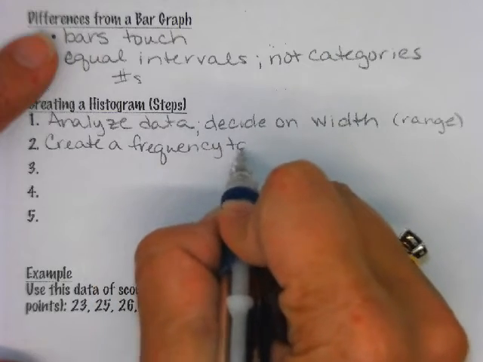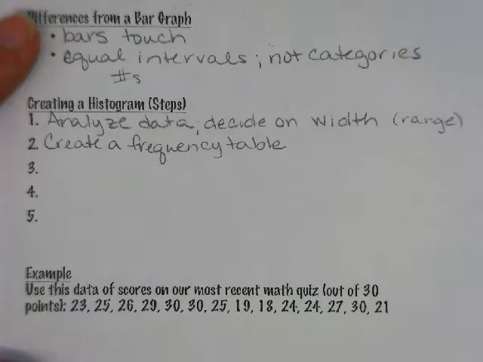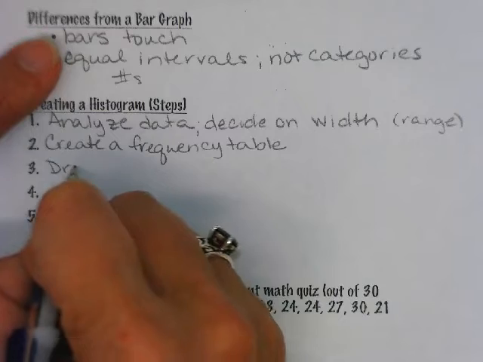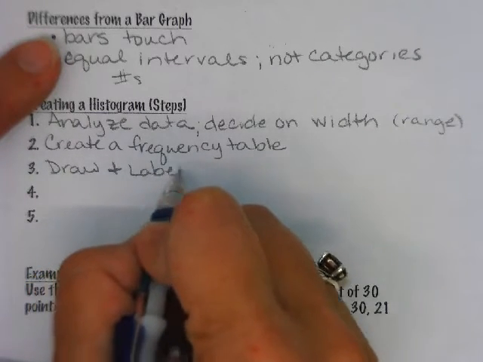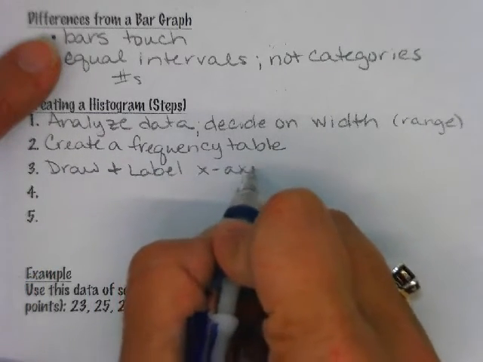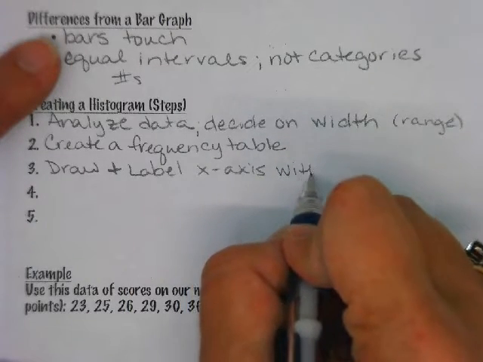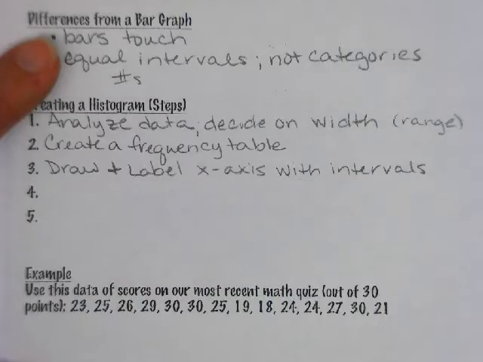In a frequency table, you've probably done this before, you just called it a tally chart, right? Same thing. We're going to create a tally chart. We're going to draw and label the x-axis with the intervals. The intervals are always on the x-axis, so we're going to have those numbers.